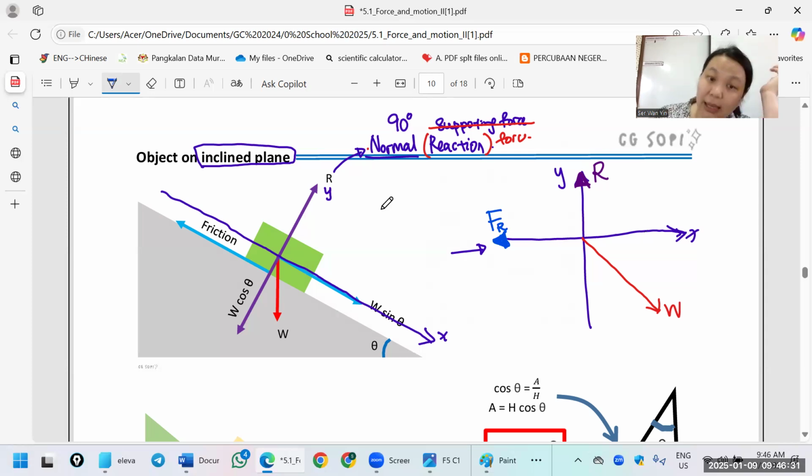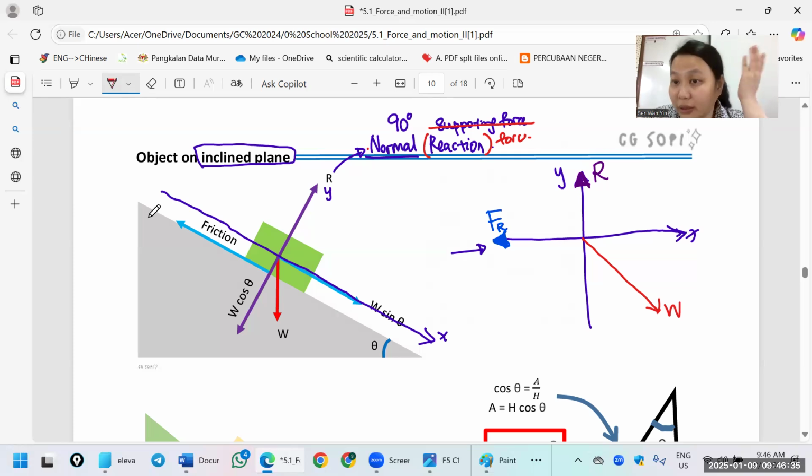Anyone can tell me how to resolve the force? We find what first? Yes, the tail. Then we resolve it by drawing two perpendicular lines to each other. So this is WY and this is WX.